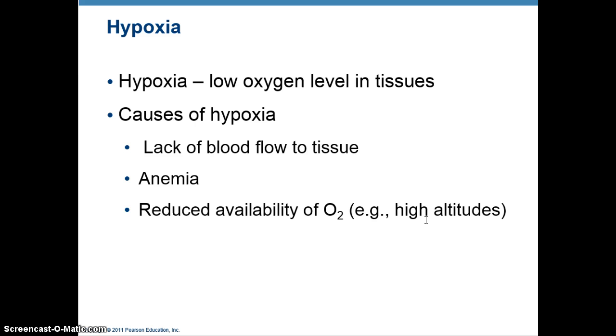So make sure you can keep straight the difference between hypoxia and anemia. Anemia generally refers to something wrong with the blood, and hypoxia just means there's a tissue that's not getting oxygen.